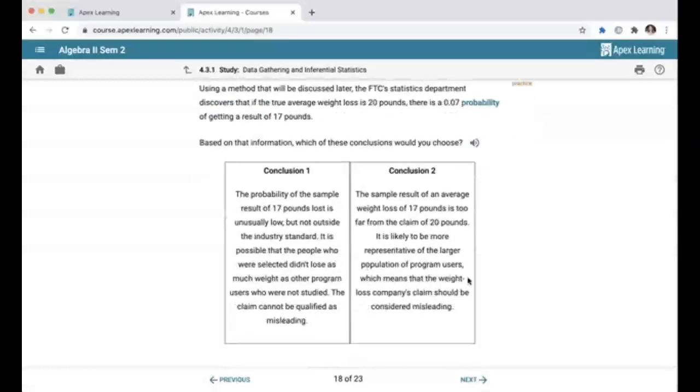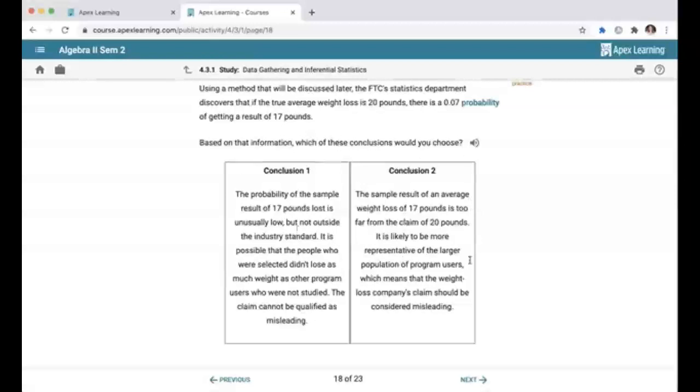All right. So again, conclusion 1, the probability of the sample result of 17 pounds lost is unusually low, but not outside of the industry standard. It is possible that the people who were selected didn't lose as much weight as other people in the program, right? So this is one conclusion, okay?